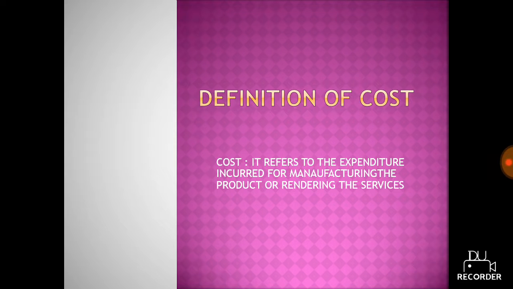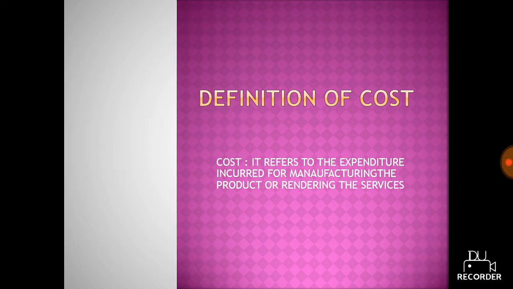See, after manufacturing that particular pen, we will incur some expenses for branding, advertising, or for stickers. We will insert some stickers on that pen to sell in large amounts by advertising that pen.